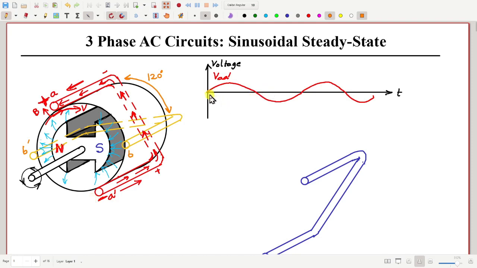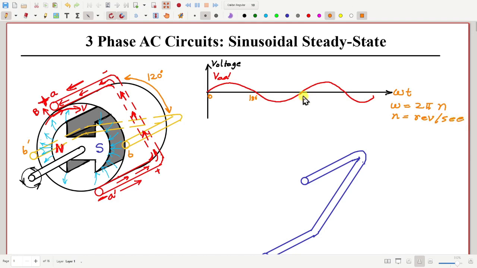Okay, so if this is 0 degree, this is 180 degree. So basically I am plotting omega t versus induced voltage, where omega is basically 2 pi times n, where n is the speed of rotation of this magnet, in revolution per second.